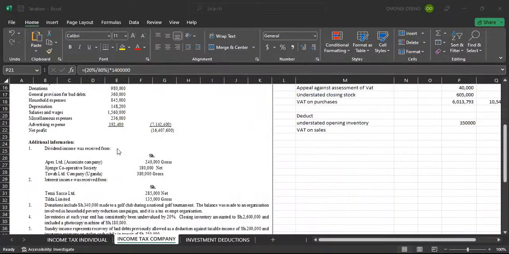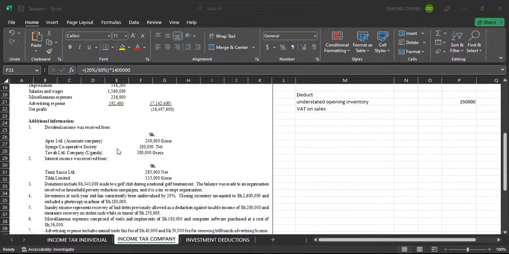Okay, somebody is saying that the note which tells us that the closing inventory is undervalued is not visible in this question. Can someone assist on the information telling us that the inventories at each year end was being undervalued by 20%?